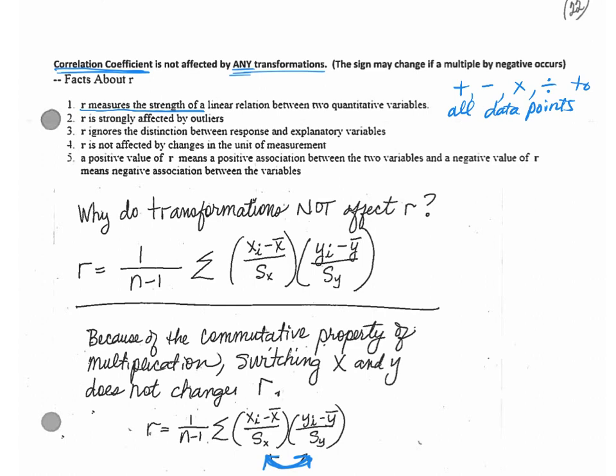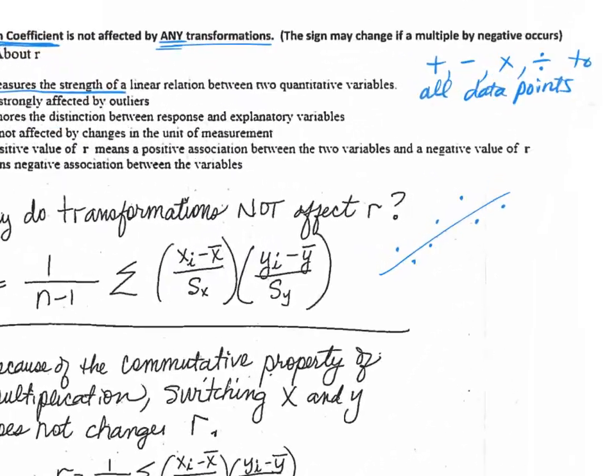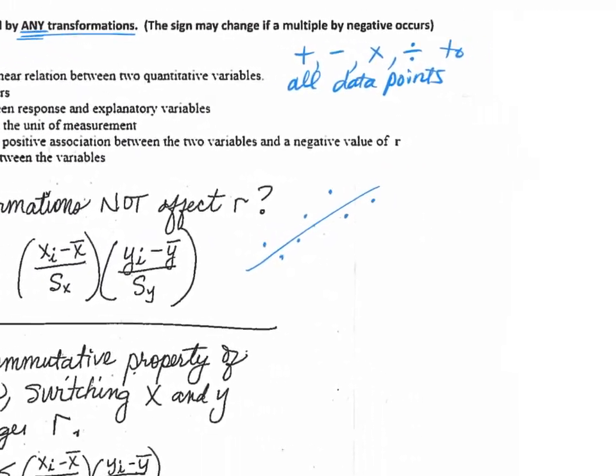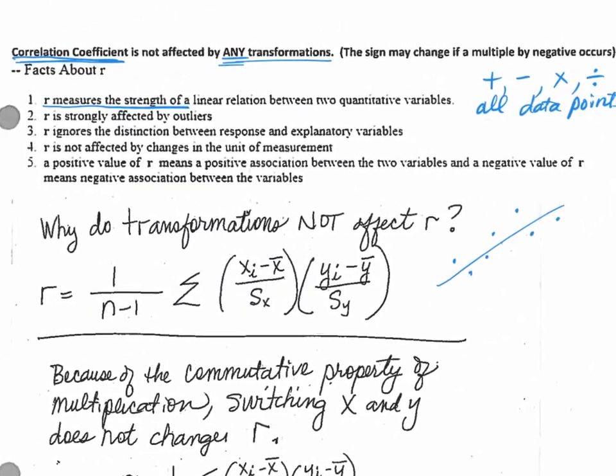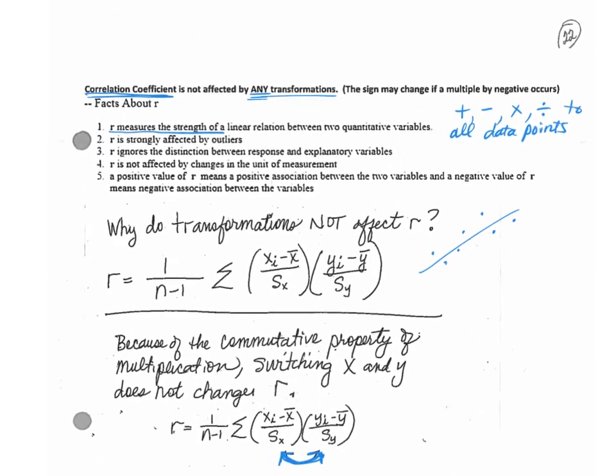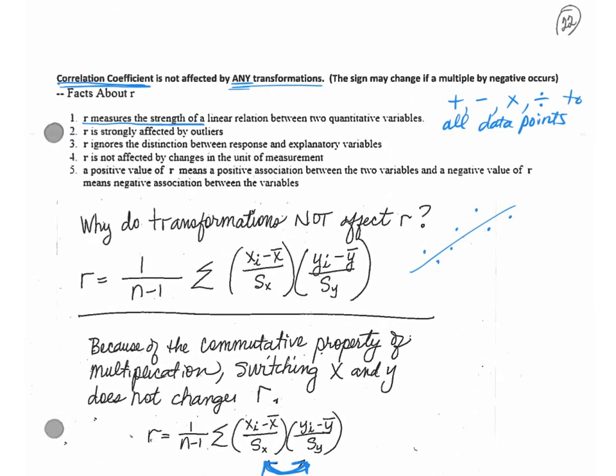And when you do that, the correlation around the placement, the proportionality of all of these points around the line, it could shrink in or it could stretch out, it could shift left, it could shift right, but that proportionality does not change, so therefore that R value stays the same.